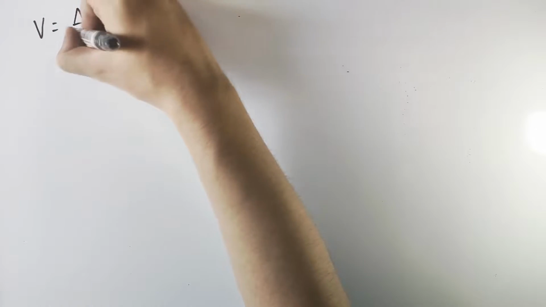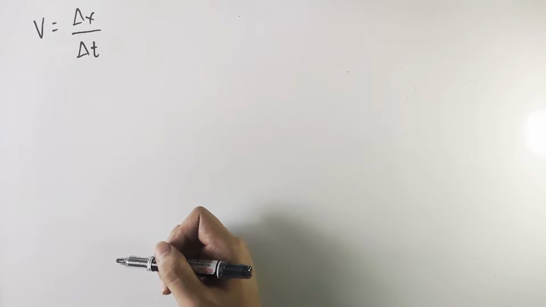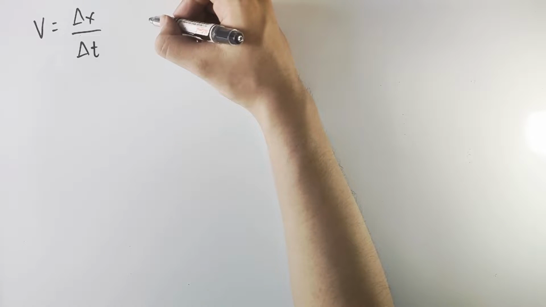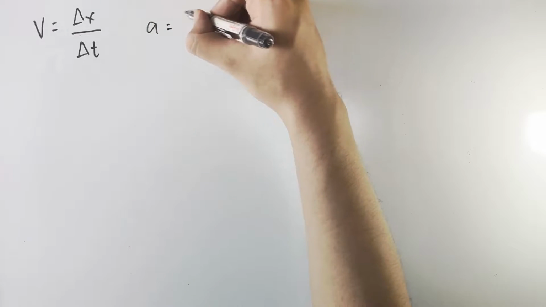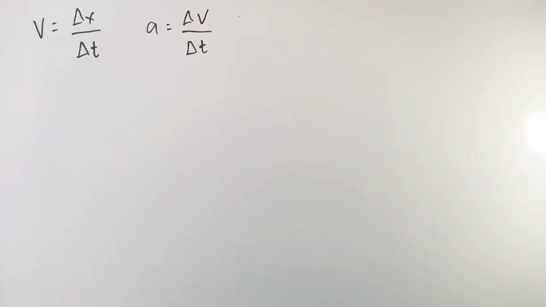the definition of velocity. So that's v is equal to delta x over delta t. Okay, or simply distance over time. Then we have acceleration, which is the rate of change in velocity over unit of time.